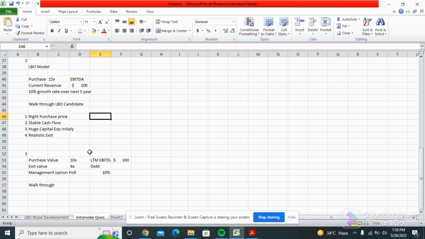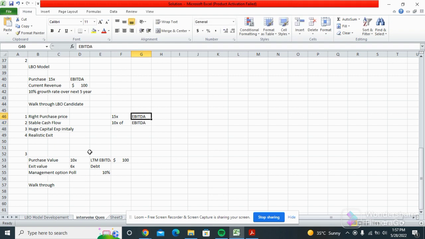Let's suppose we have purchased a company at 15 times earnings before interest and tax, but when we are exiting from the investment, it gives us 10 times, or let's assume the exit multiple is 15 times earnings before interest and tax.